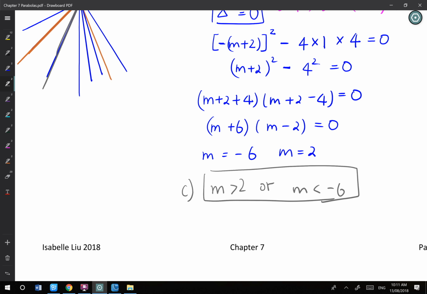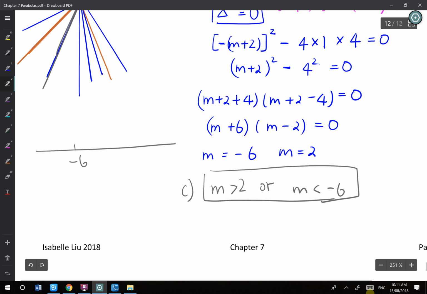So it's anything on these two sets. Less than -6 or more than 2, and you will have two intersections. Why did I use a graph? Because you haven't learned how to solve quadratic inequalities, so I can't really show you the proper algebraic way.